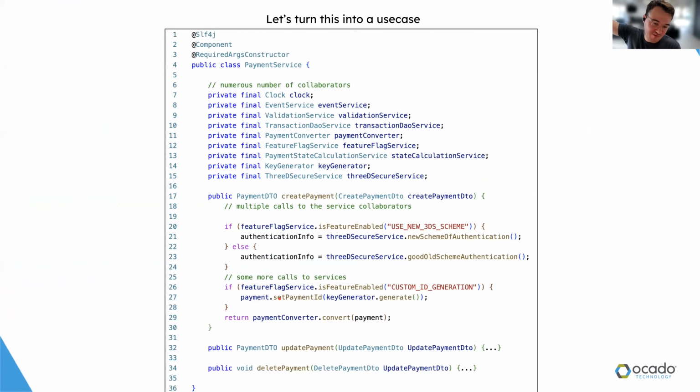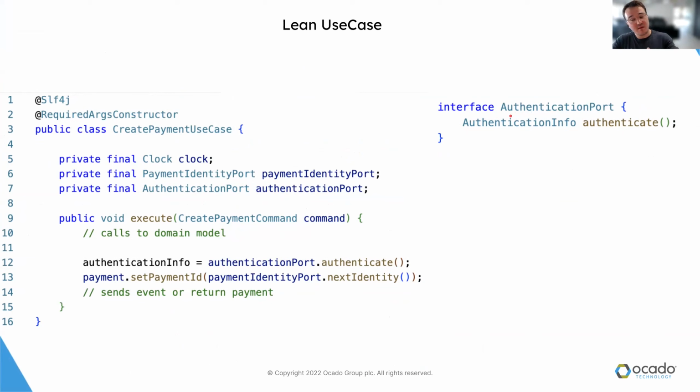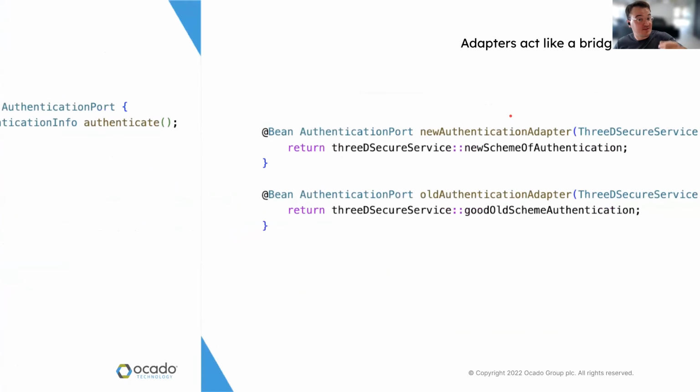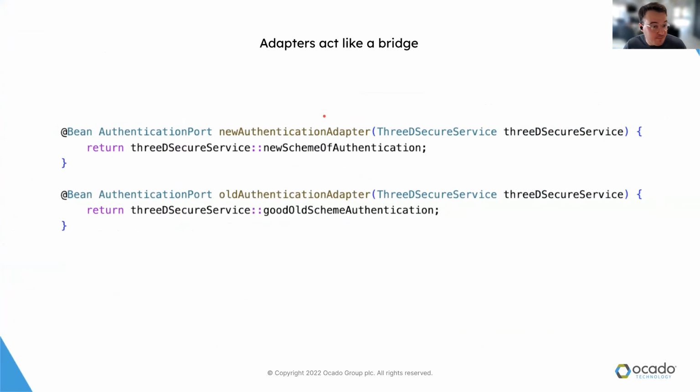And this is the interface, the authentication port. It's a port from hexagonal architecture, but we still need to execute the original function, right? We still need to call the authentication method. How is it done? Well, it's the adapters, which could be a bean in Spring, right?